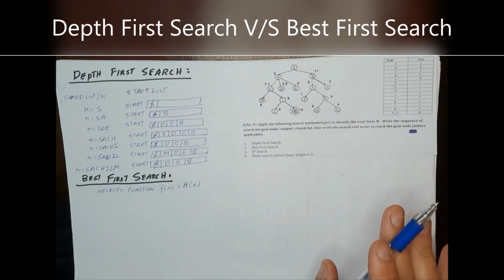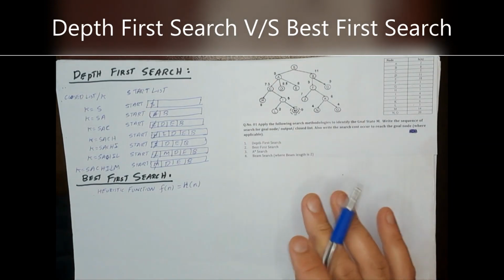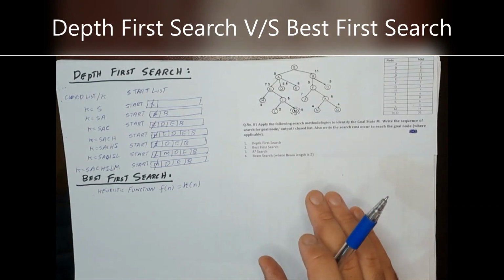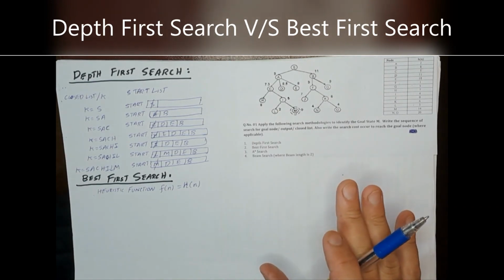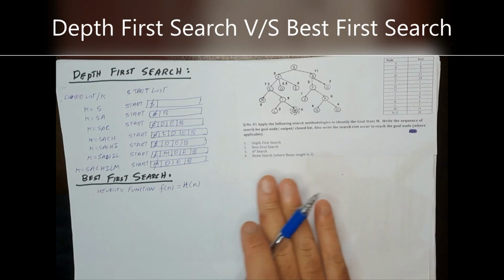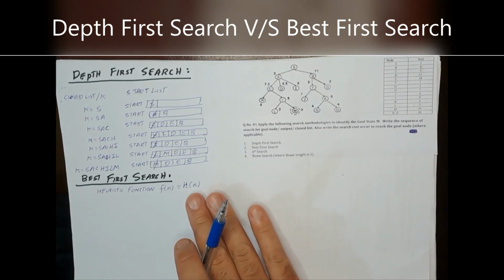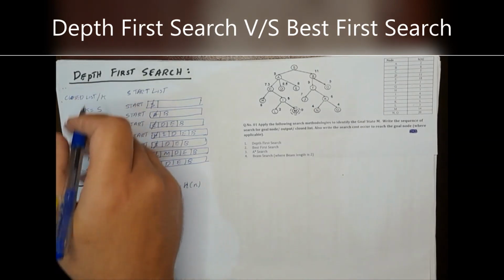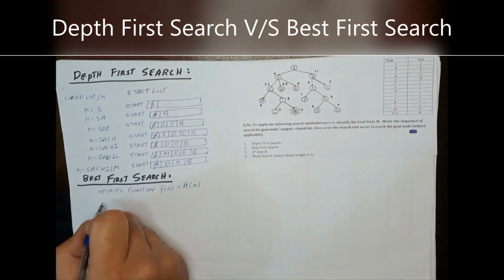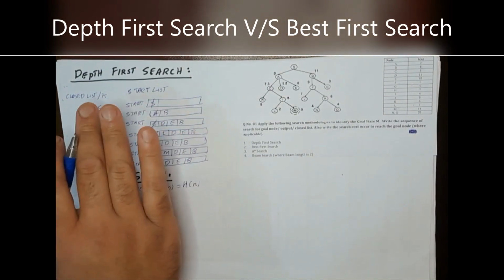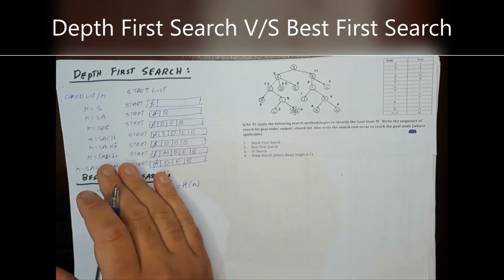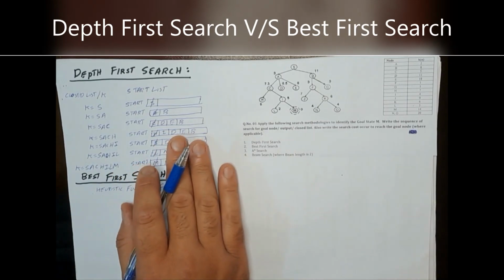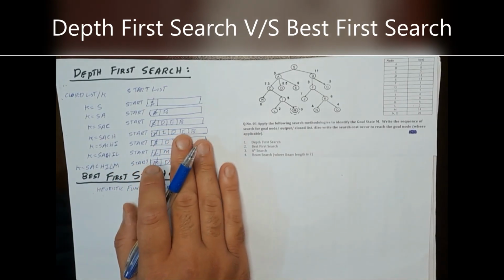Best first search. What we do here is, here also the search expands level by level, just like in the case of depth first search. And here, as I mentioned earlier, we have the function h(n). In this algorithm also, like the upper algorithm, we have two different lists, closed list and start list, and we have a variable K that stores the value of the current node, whereas the start list contains the nodes that still need to be explored.